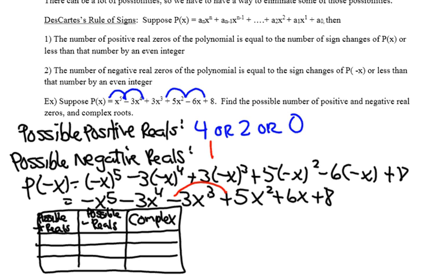Now, very important to know what the degree of this polynomial function equation is. Since the degree is 5, the most number of unique solutions I can have is 5.